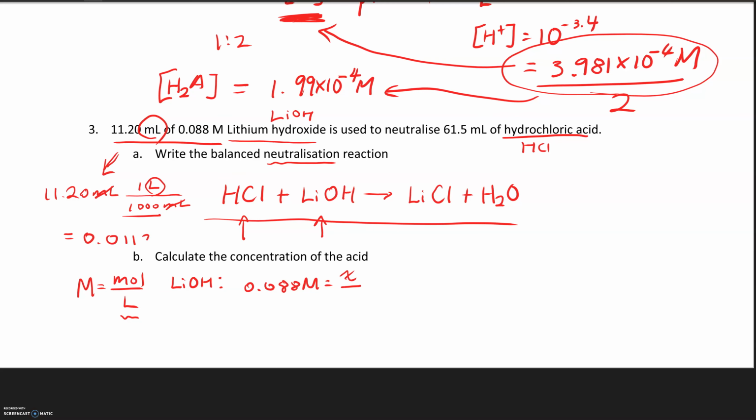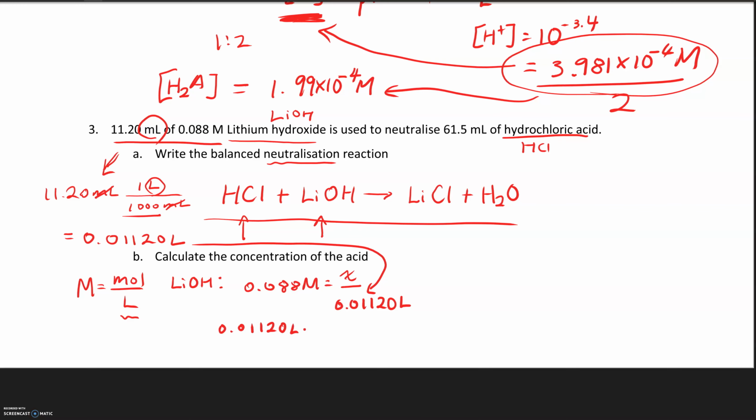We can plug that in as 0.01120 liters. Now, just like the equation that we worked on from part 1 of the video, we multiply each side by volume, and we know that the units will cancel out for moles. So when we do the 0.01120 liters multiplied by 0.088 molar, we are going to get the number of moles.